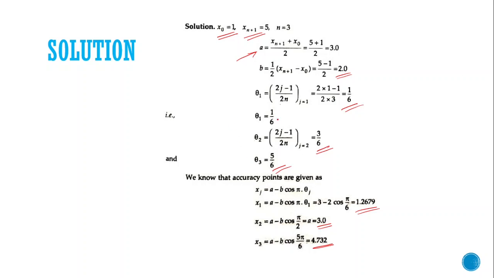For that purpose we have to first calculate the value of a and b. A is equal to xn plus 1 plus x0 by 2 and b is equal to xn plus 1 minus x0 by 2. That is the equation for calculating a and b.